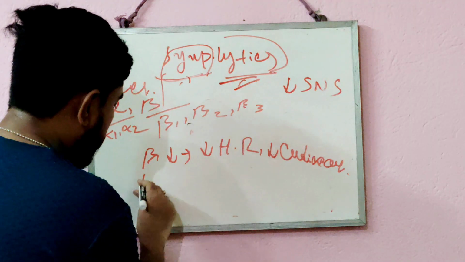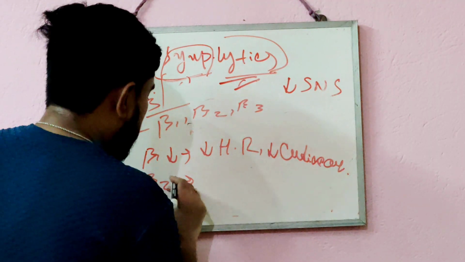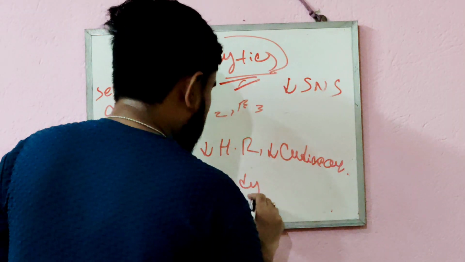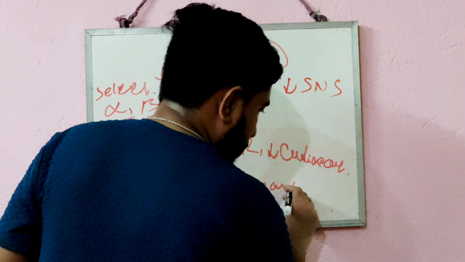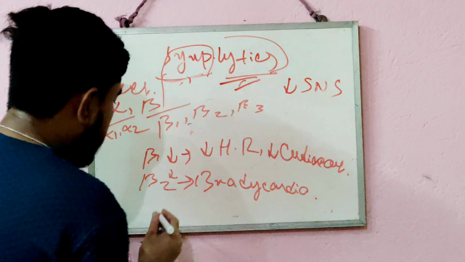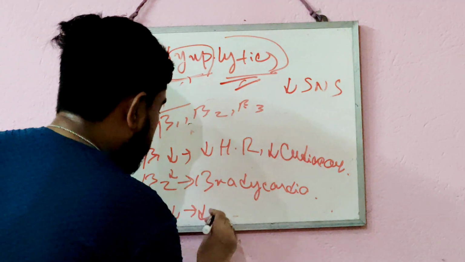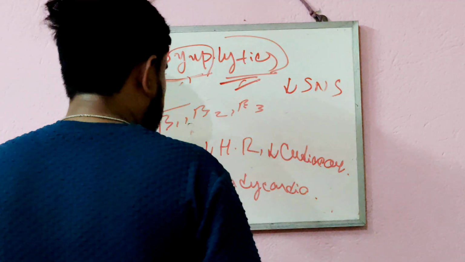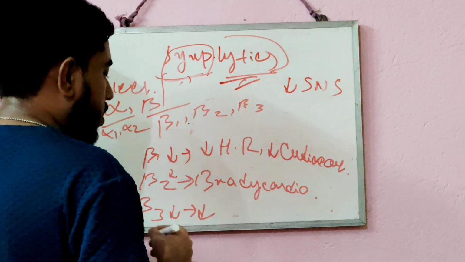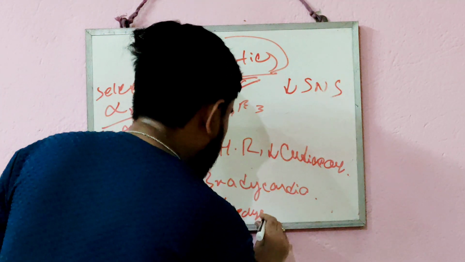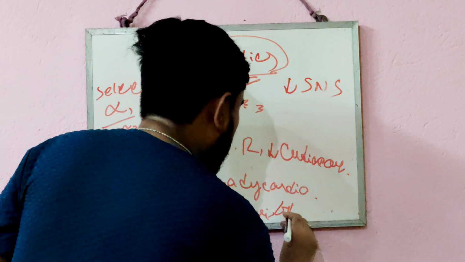In terms of beta 2, they will show bradycardia. And in the case of beta 3 blockers, they will inhibit different physiological processes in our body, especially lipolysis and glycogenolysis.